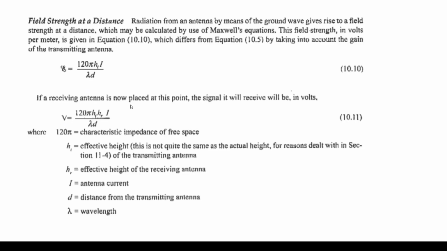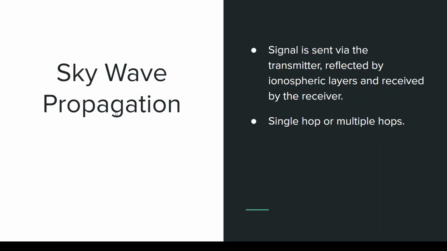If a receiving antenna is now placed at this point, the signal it will receive will be in volts. And this is the formula. The signal received at the receiving end is given as follows: V equals 120 pi h_r h_t I_L upon lambda d squared.